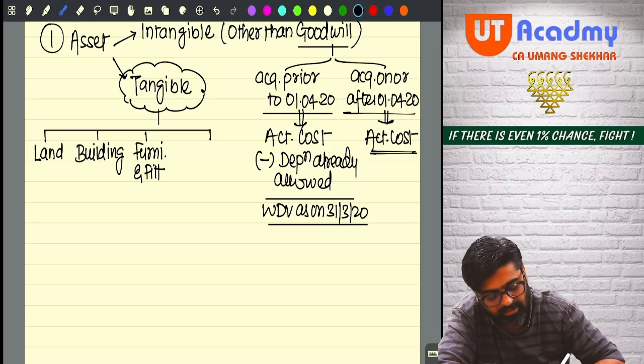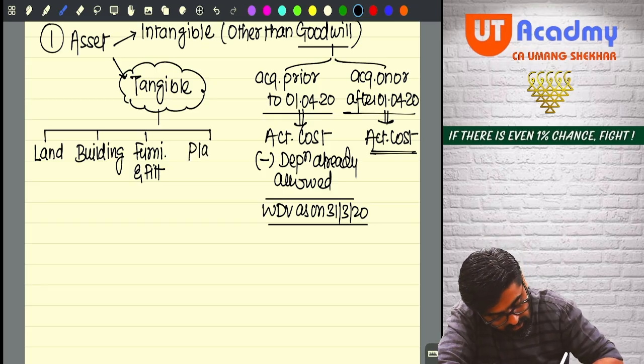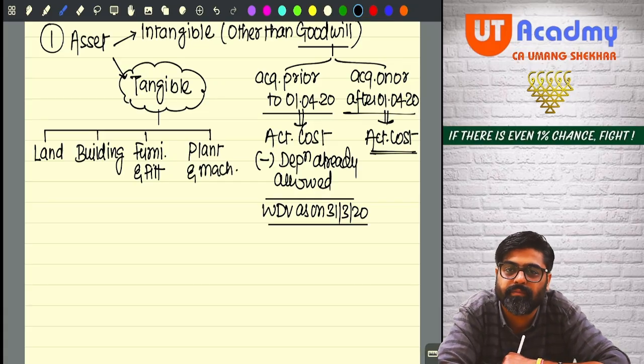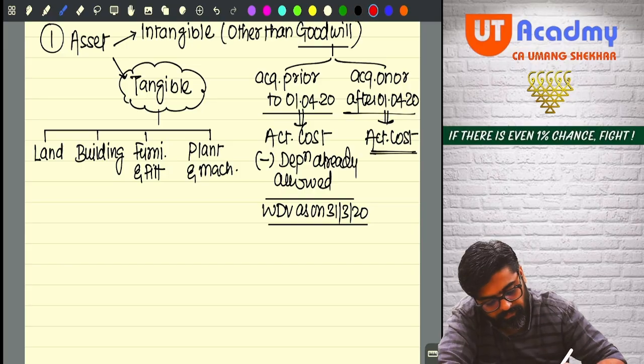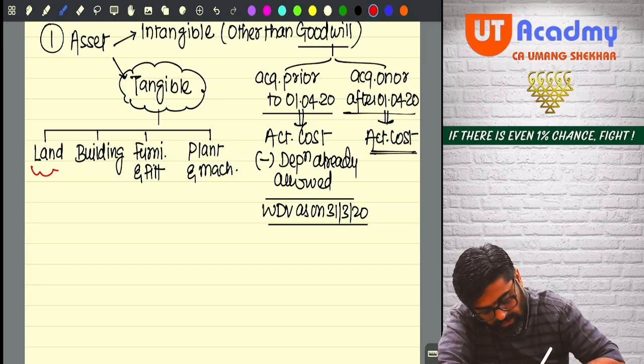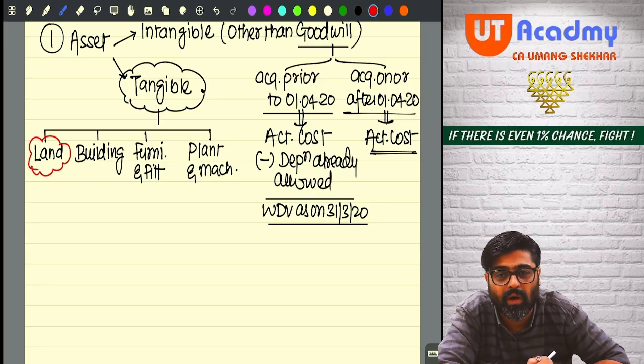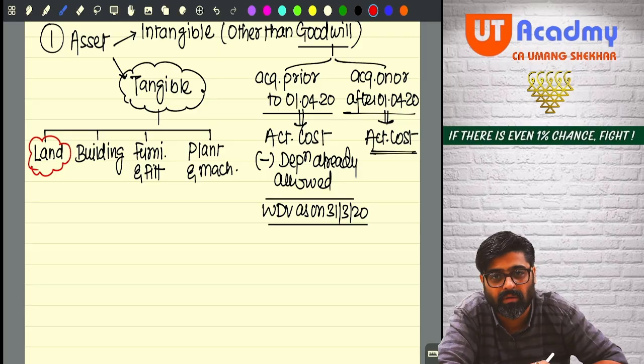All other assets are known as plant and machinery. So can you acquire a land for the purpose of your business or profession? Yes or no? But don't you think that it is not a depreciable asset?